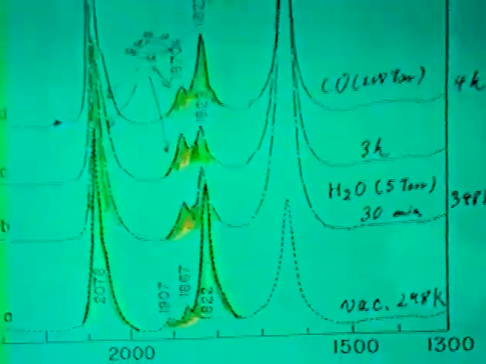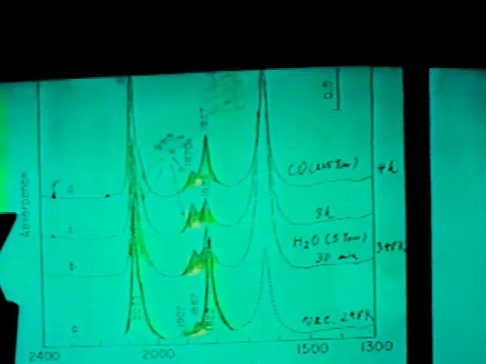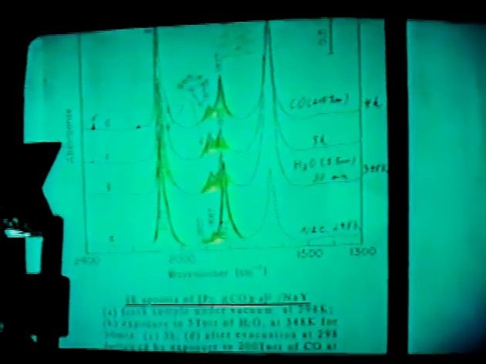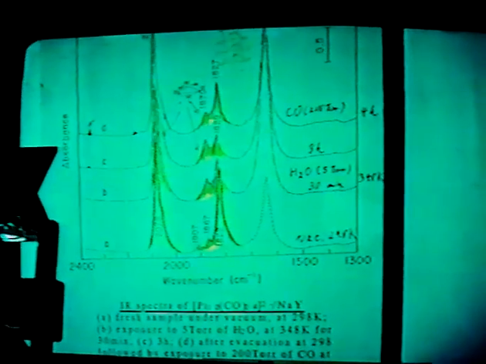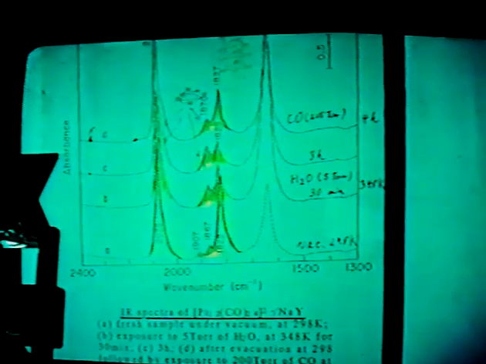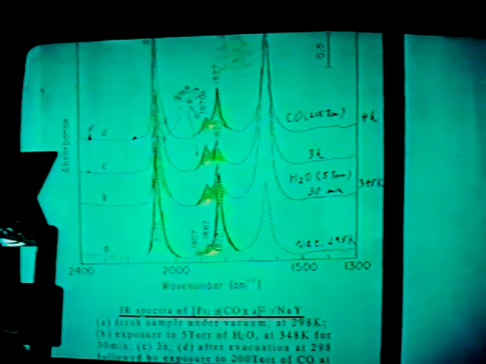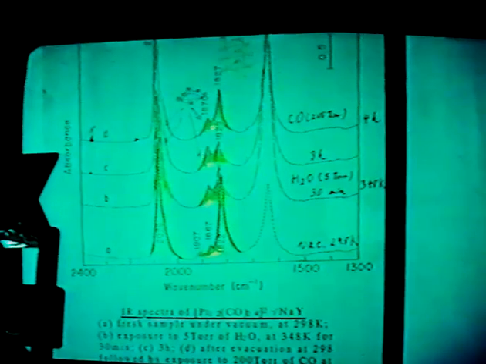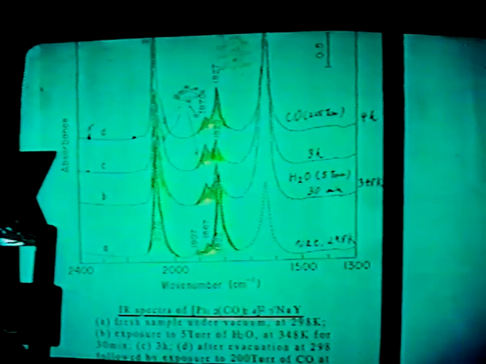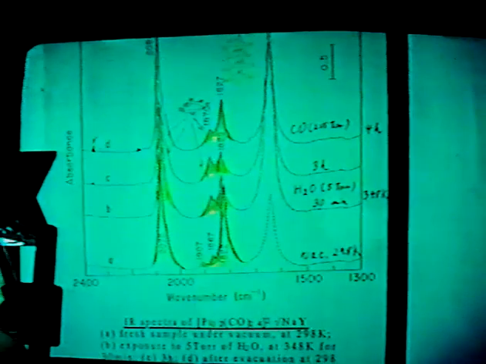We see some intensity of the carbonyls corresponding to the triangular intermediates upon exposure to water. But if you switch the gas phase to carbon monoxide, the cluster units are regenerated at the expense of the triangular intermediates.